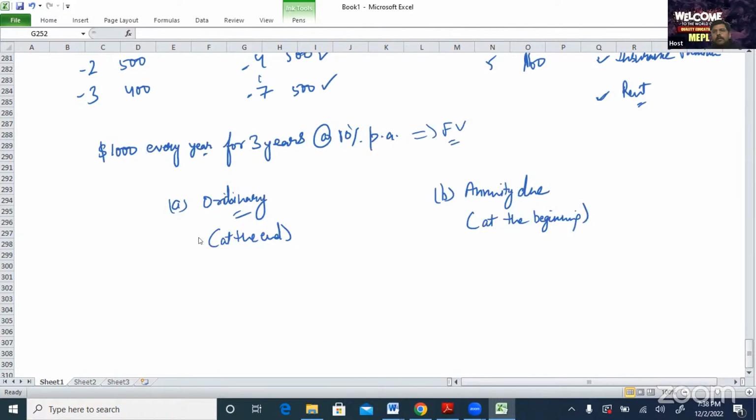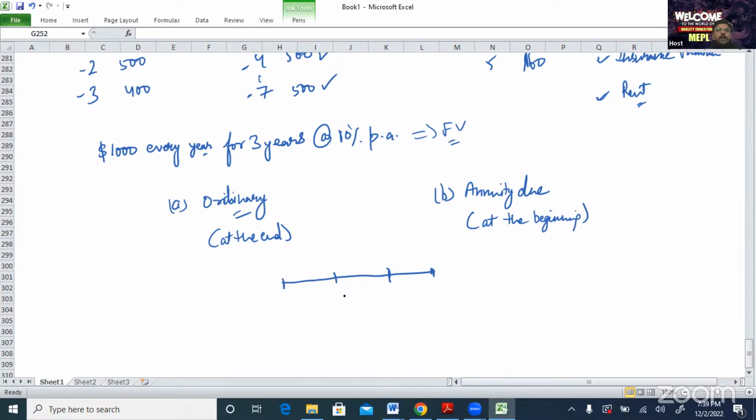Okay. So let me explain the difference between these. Let me draw a timeline: 1, 2, 3. These are the 3 periods, 3 years. It is not related only to years; it can be months also, or quarters. So when I say the time gap should be the same, I am not saying the gap should be a year only.